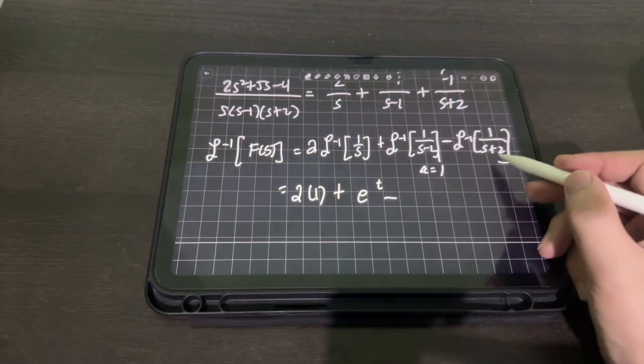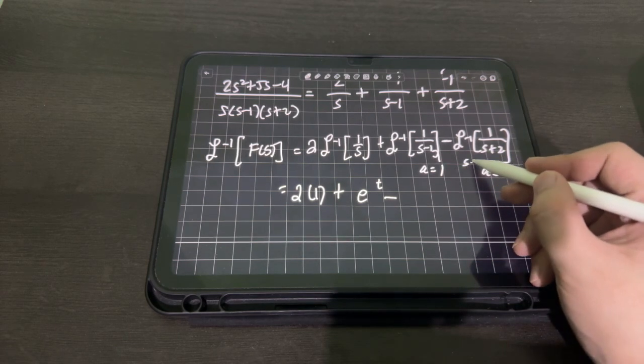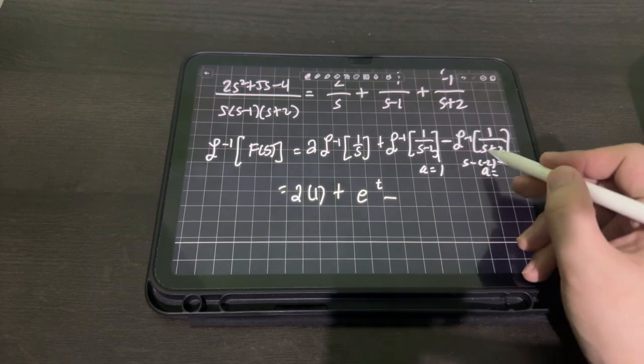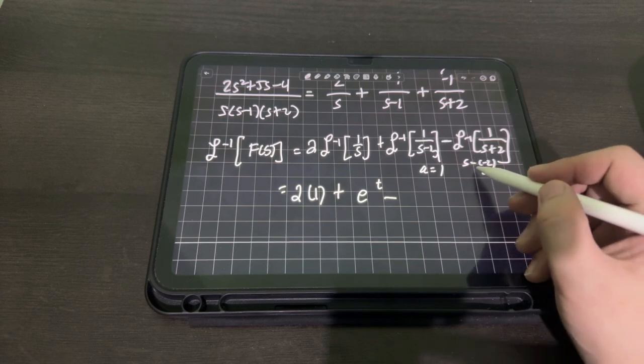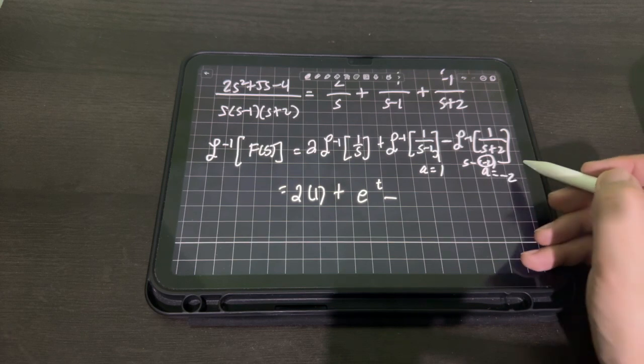Then minus, again, identify the a here. So s plus 2 can be written as s minus negative 2, so the value of a is negative 2.